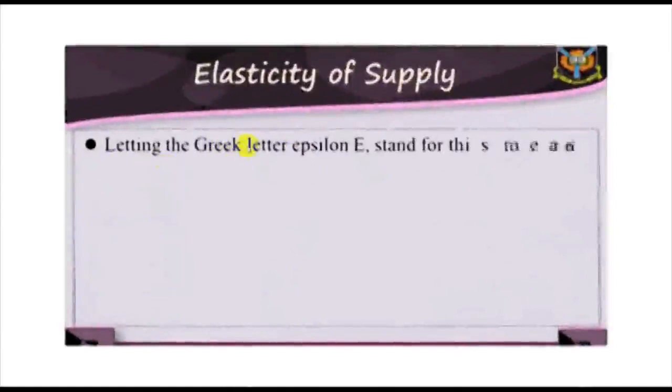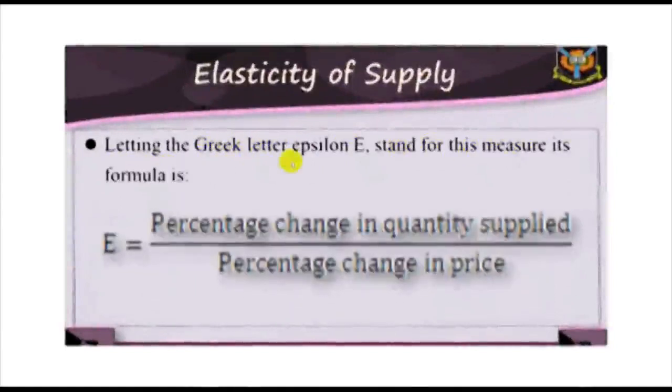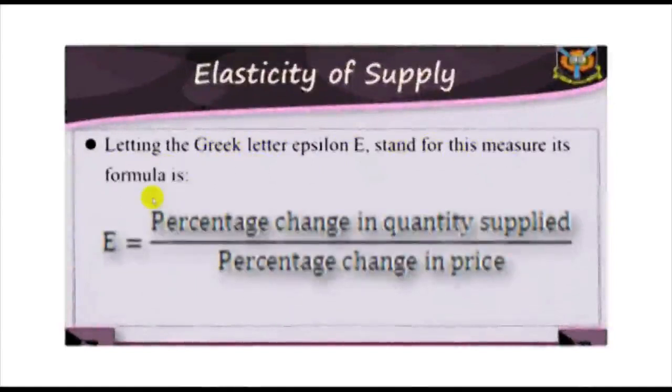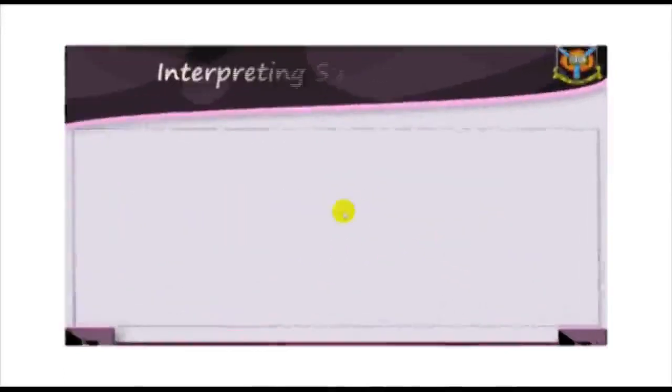Elasticity of supply is defined as the percentage change in quantity supplied divided by the percentage change in the price that brought it about. Letting the Greek letter epsilon stand for the measure of this formula, it will be equal to percentage change in quantity supplied divided by percentage change in price.